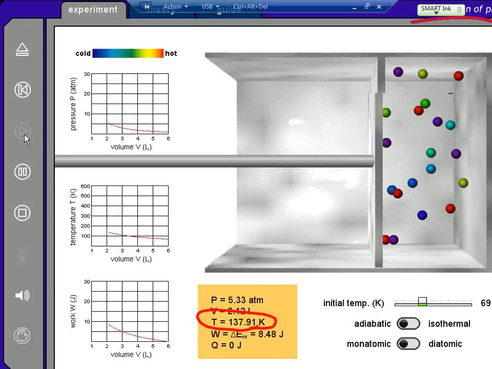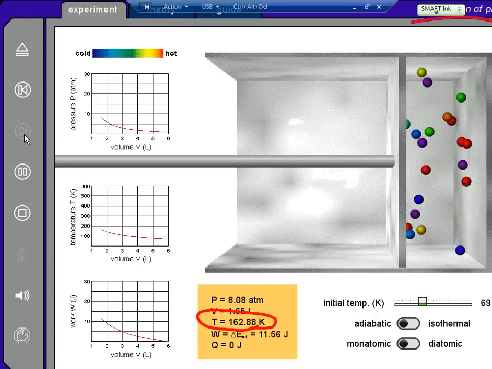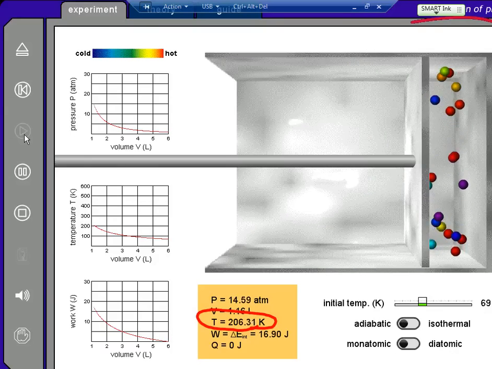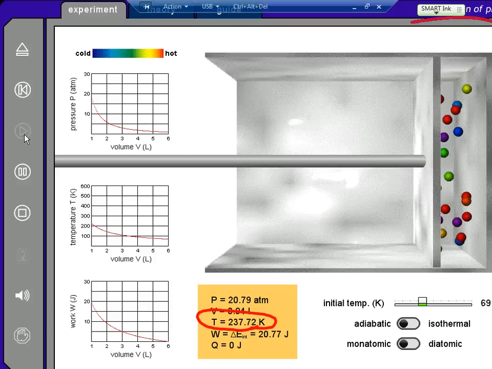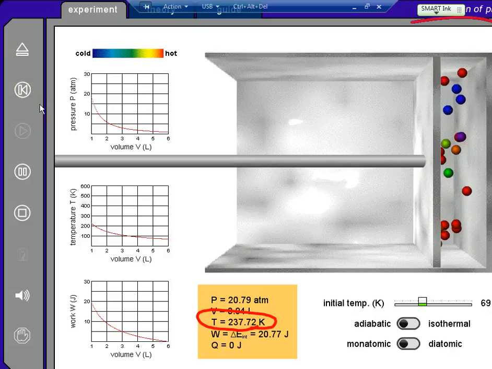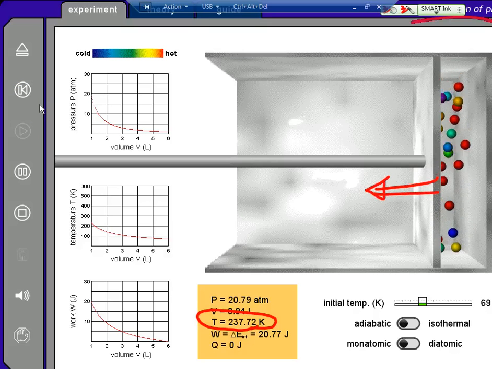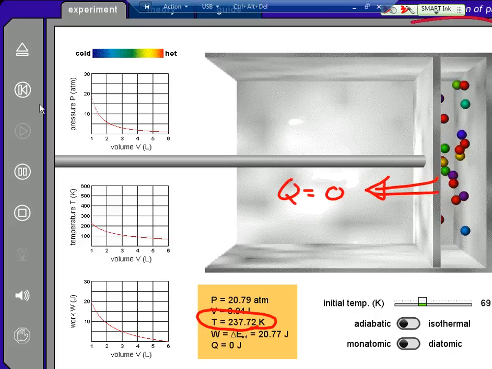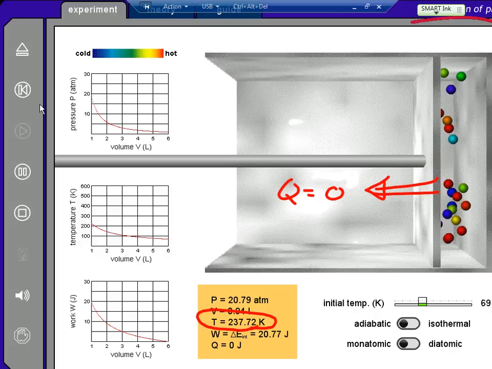The more work you put in, the higher the temperature is, meaning all the energy stays inside and the molecules are literally moving faster and faster than before. With an adiabatic situation, there's no heat loss out of the system. All the energy you put in stays in.